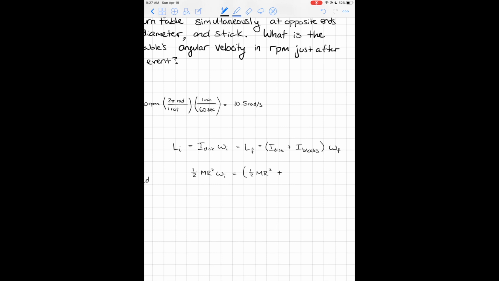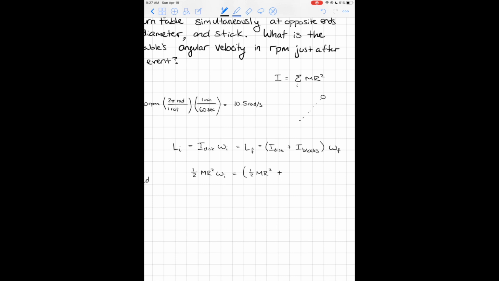When I think about just a particle orbiting around a point, I'm just thinking about that initial general definition that I of any sort of system is equal to m r squared summed up over all these things.